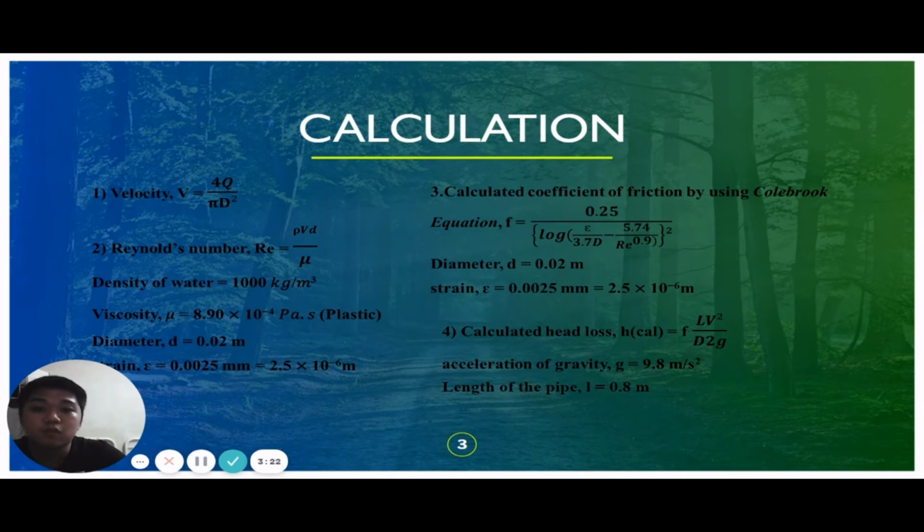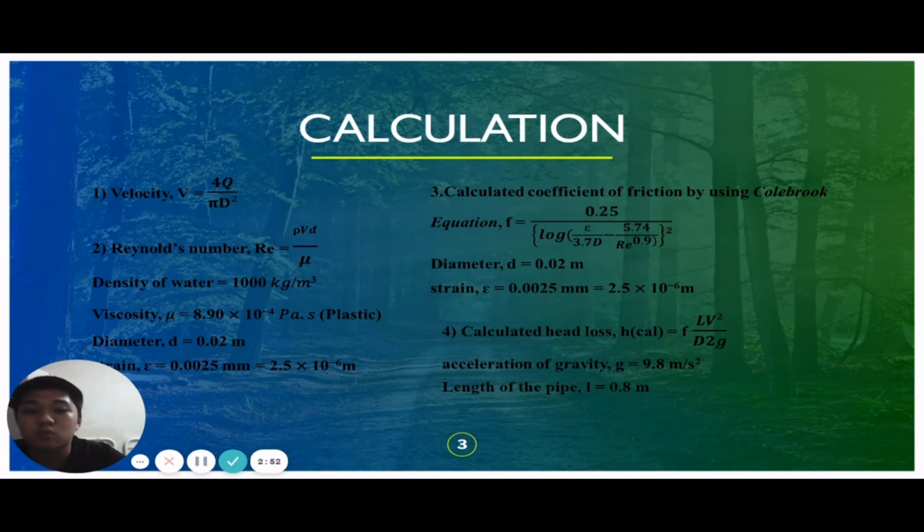For the coefficient of friction, we use the formula 0.25 over the log of roughness over 3.7D plus 5.74 over Re to the power 0.9, all squared, and we can get the coefficient of friction. D is 0.02 and the roughness is 0.0025 millimeters.